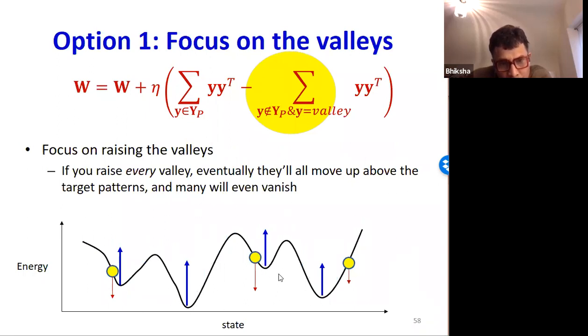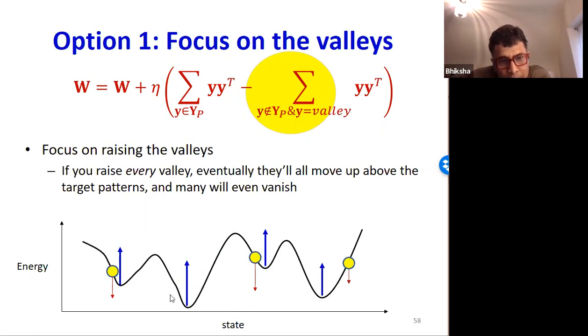If I just focus on the valleys and I pull up the valleys while pulling down the energy at the target patterns, eventually you expect to end up where you want, because at each iteration, you're just going to find the valley and pull it up. So if there's any local minimum which is not this guy, you're going to pull it up, right?